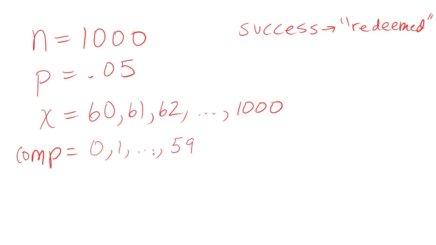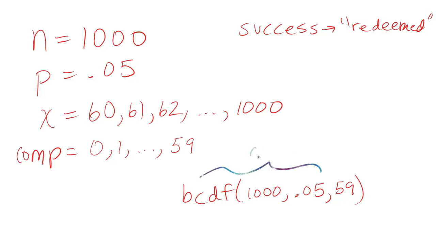Now that's a long list of 60 numbers. That's still going to be a pain, except we have this new Binomcdf function that can handle that. N is 1,000, P is 0.05, and we just tell the calculator to stop at 59. You just have to remember that this is that complement, not the original event, and so we subtract from 1 to get the probability that we want.